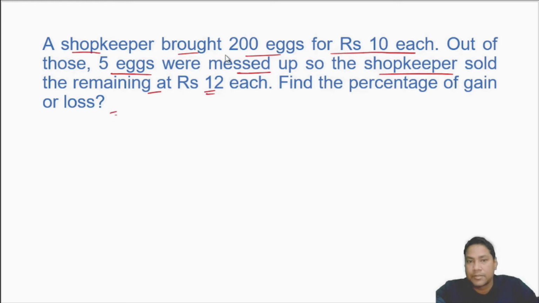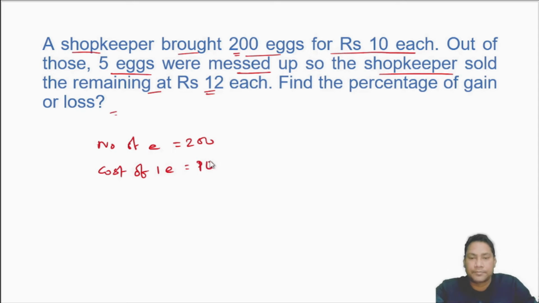In this question, they have given the cost price of 200 eggs at 10 rupees. The number of eggs is 200 and the cost of one egg is 10. The total cost price becomes 200 multiplied by 10, which is 2000.